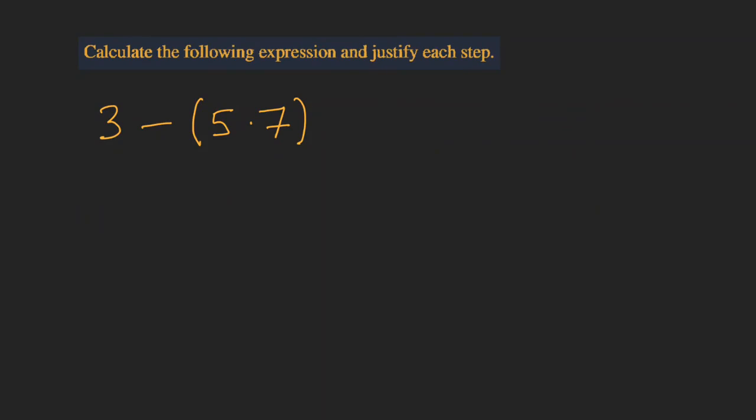Resolving the parentheses first, we get 3 minus 5 times 7 is 35, which is minus 32. Note that the parentheses are not necessary because multiplication has priority over subtraction.